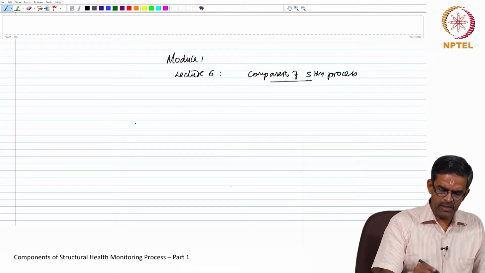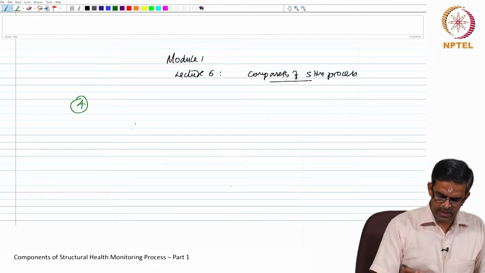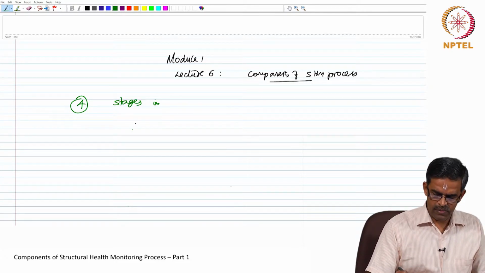As we have already seen, there are 4 stages in SHM process.